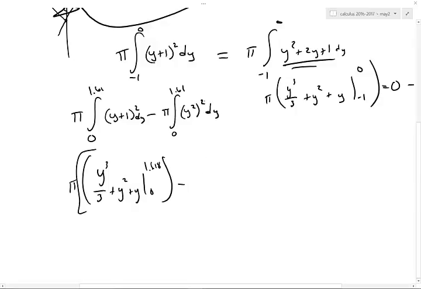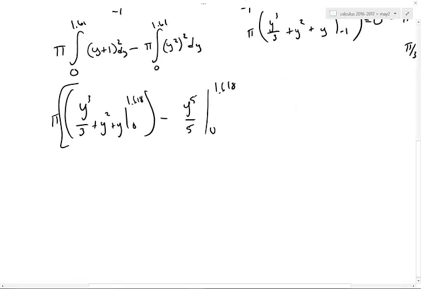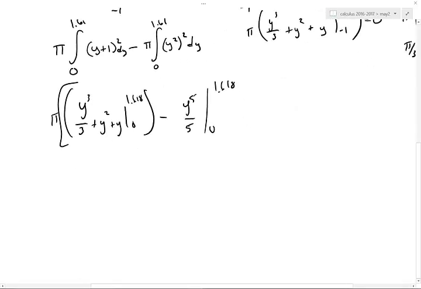And this is y to the 4th, so it's going to be y to the 5th over 5. Or something like this. And somebody with a calculator want to help us out? Plug in that 1.618, if you would, please. That'd be swell. So I've got pi over 3 plus whatever this comes out to be.